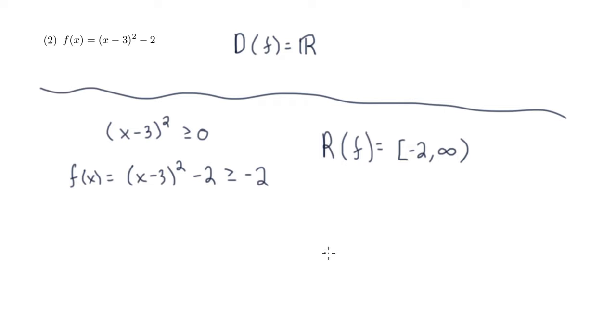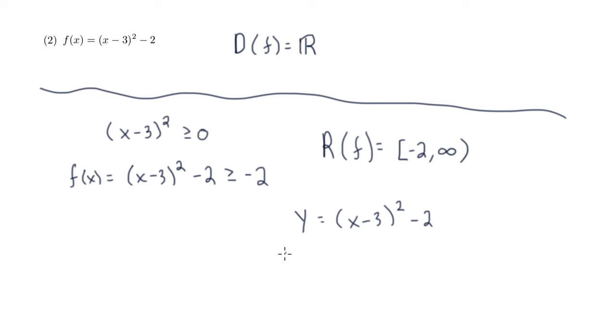So if I pick a y in the range here, between negative 2 and infinity, I need to actually show that there is an input that gives me that output. Okay, so I'm picking a number y between negative 2 and infinity. And so I want y to be (x minus 3) squared minus 2.